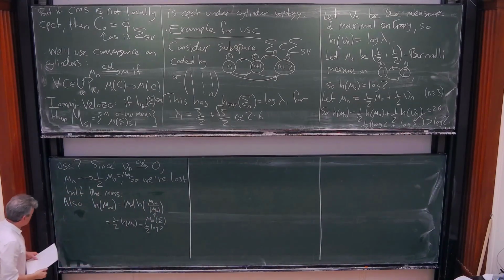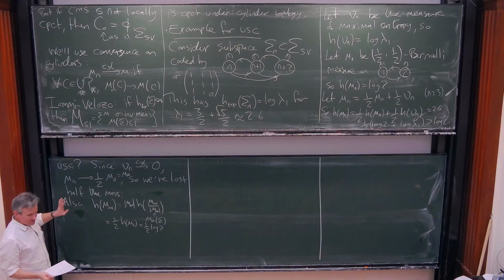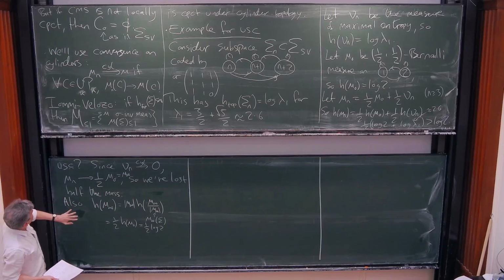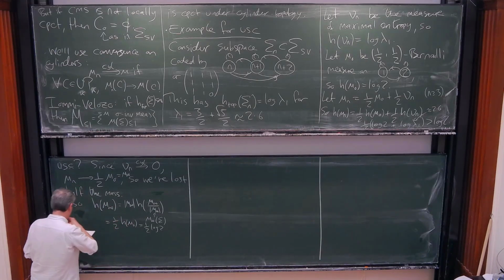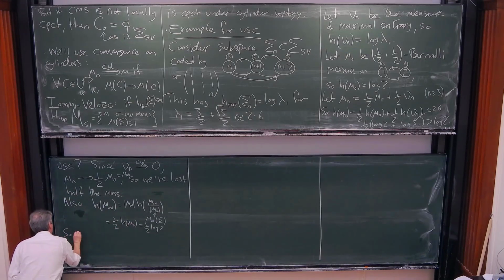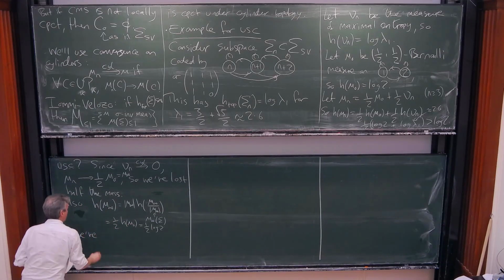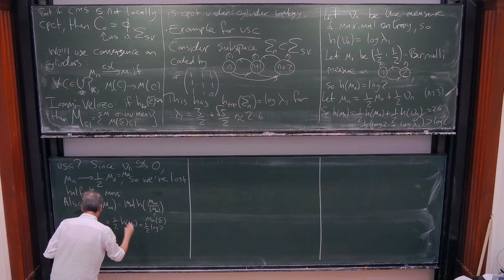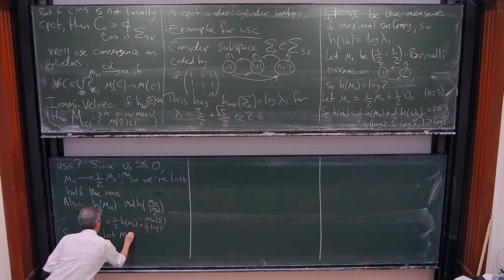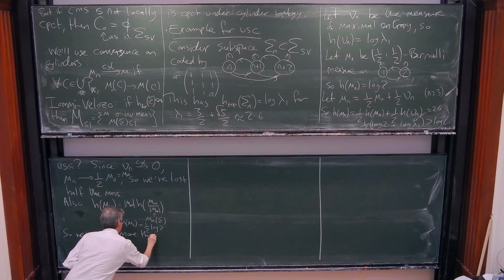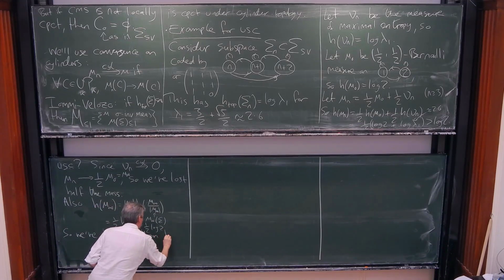Okay, so if I'm thinking about my upper semi-continuity of entropy formula, it's gone catastrophically wrong, right? We've lost half the mass. We've actually lost more than half the entropy.